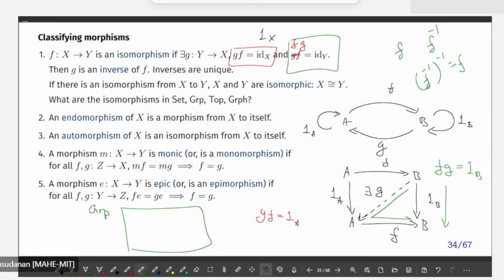So there, if you have G and H, if you have a morphism from G to H, that means it's a group homomorphism. Then if you have another morphism from H to G, that means there's a homomorphism from H to G. And these compositions should be identity, which implies that as functions they are bijective. So they become bijective homomorphisms, and therefore.